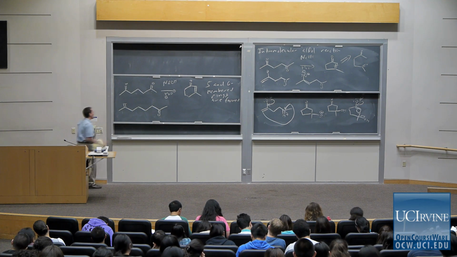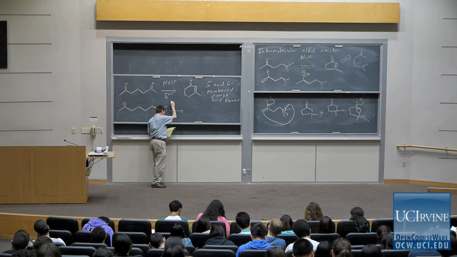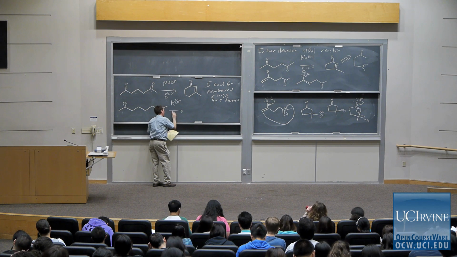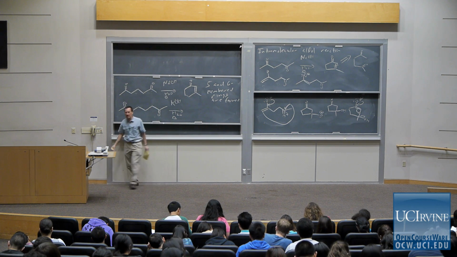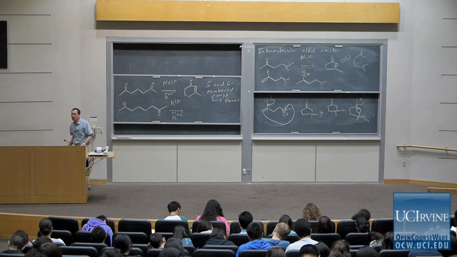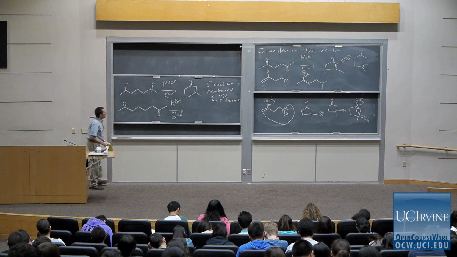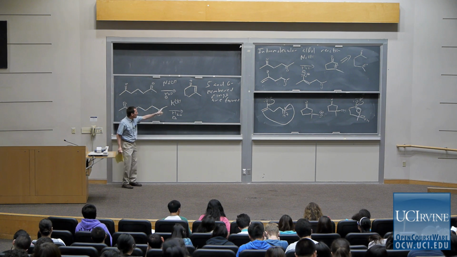Let's take an 8-carbon chain. These are real examples taken from real experiments that have been published. This particular example just used potassium hydroxide in water instead of sodium hydroxide in water. No particular difference.